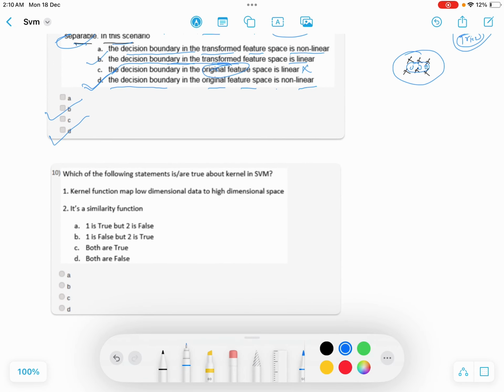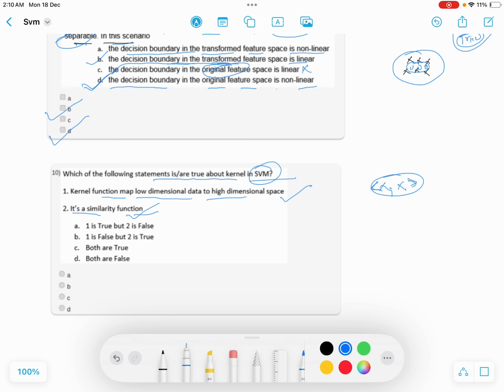Okay, now let's look at this last question. Which of the following statements are true about the kernel in SVM? The kernel function maps low dimension data to high dimension space, this is correct. It is a similarity function, yes, this is correct. If you have gone through the derivation of the maximum margin classifier, at the end everything depends on the dot product.